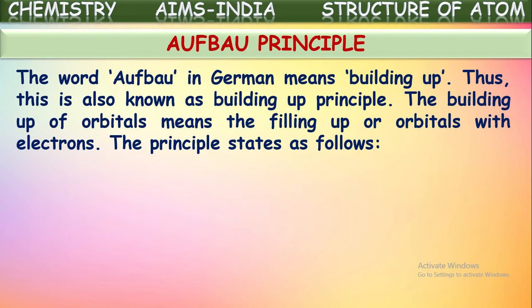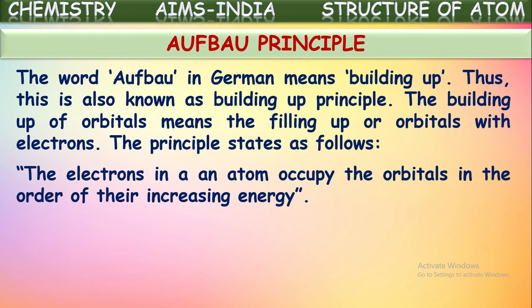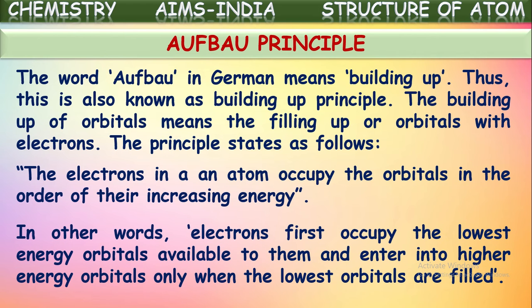This principle states that the electrons in an atom occupy the orbitals in the order of their increasing energy. In other words, electrons first occupy the lowest energy orbitals available to them and enter into higher energy orbitals only when the lowest orbitals are completely filled with electrons.